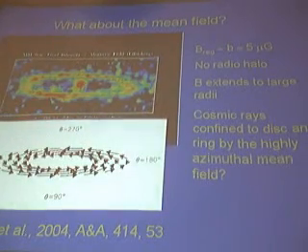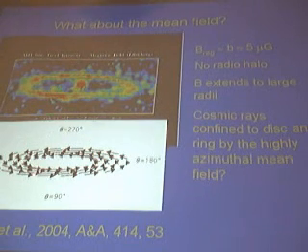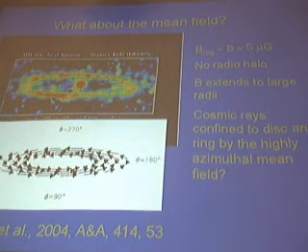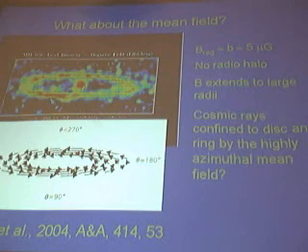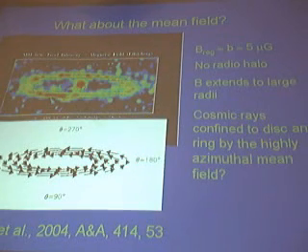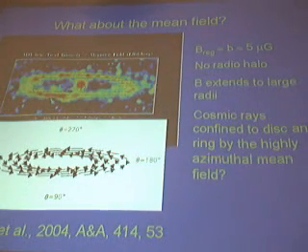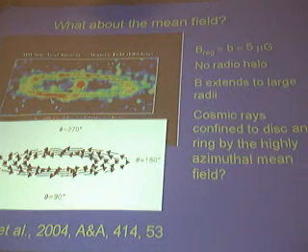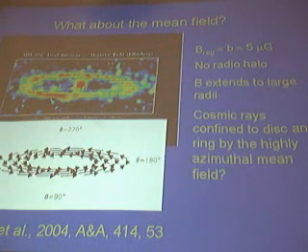And from the work that we did, we saw that the magnetic field profile in radius is really quite flat. If you look in radius, and this is the regular magnetic field strength, between 6 and 14 kiloparsecs it hardly varies at all, it doesn't have a sharp maximum.